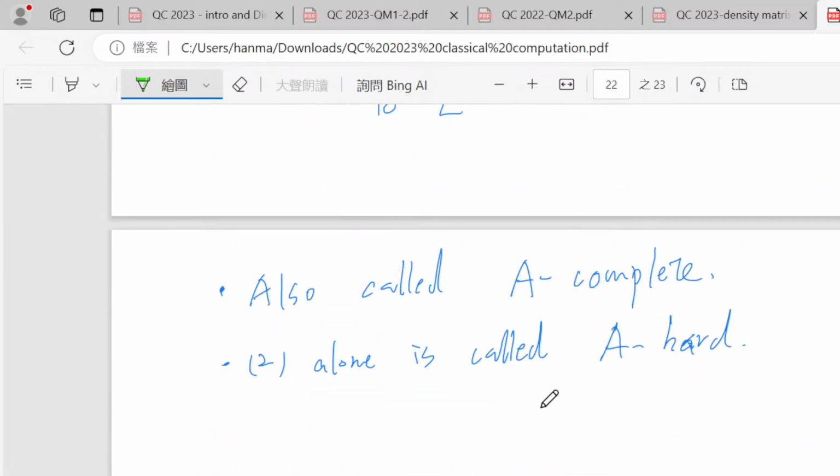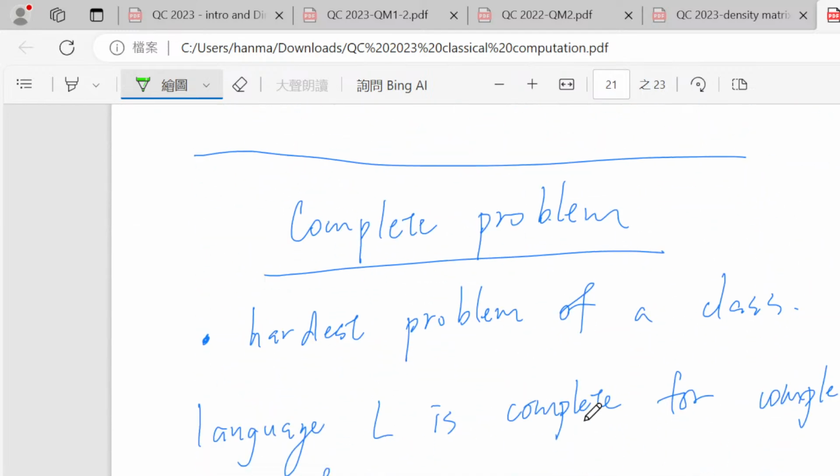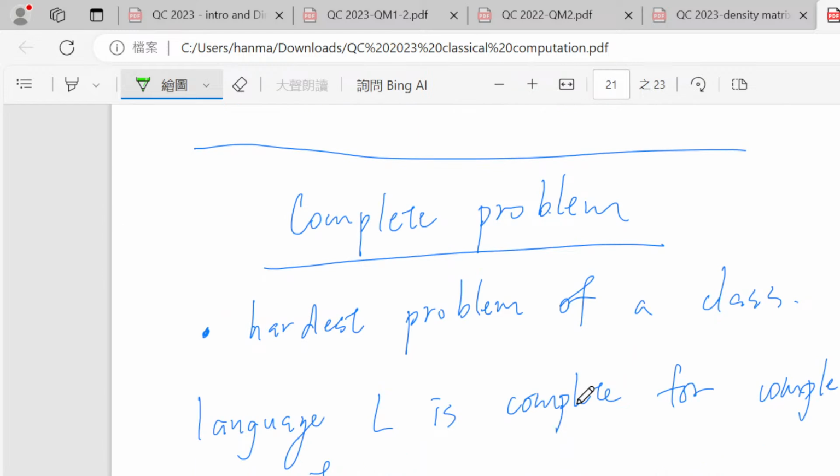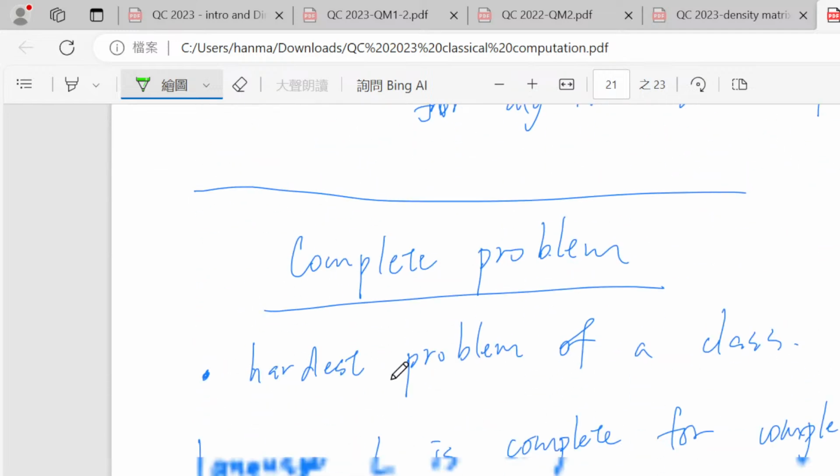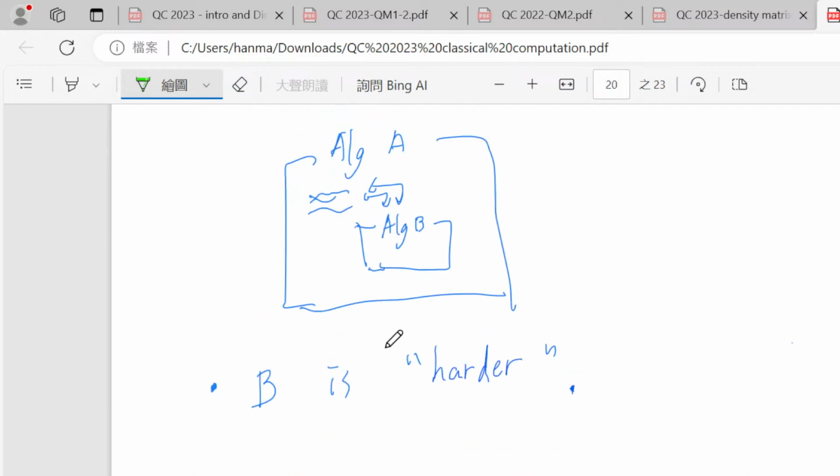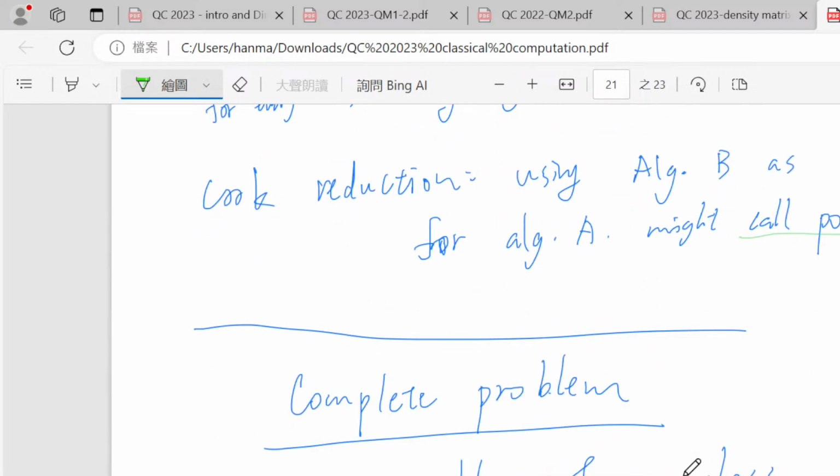Okay, then finally we can talk about complete problems, this famous NP complete. An NP complete problem means the hardest problem of a class. And by hardest, we mean everything can reduce to that. B is hardest if everything in A can be reduced to it.